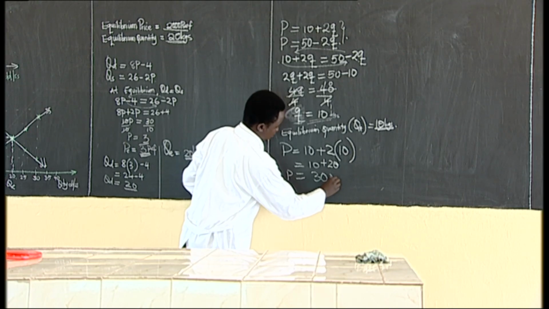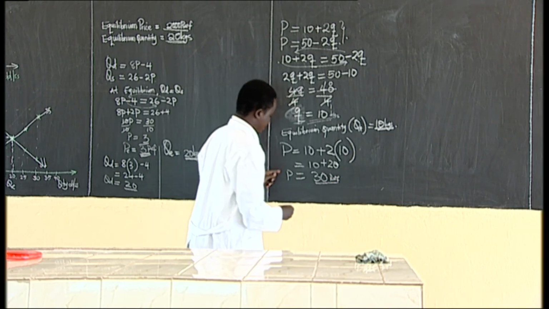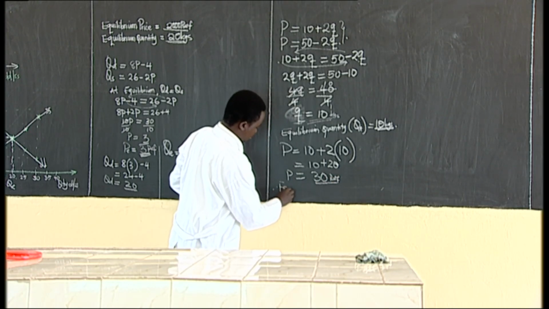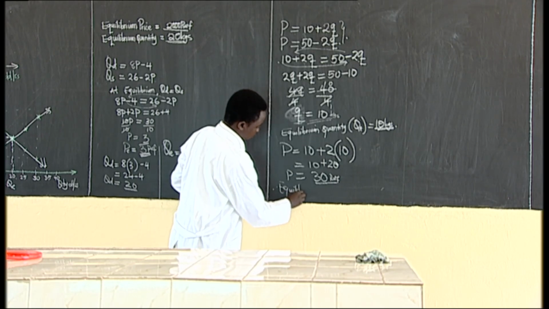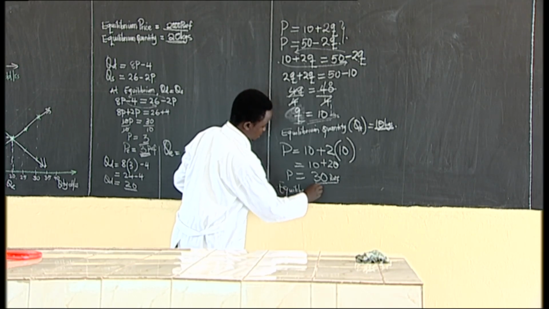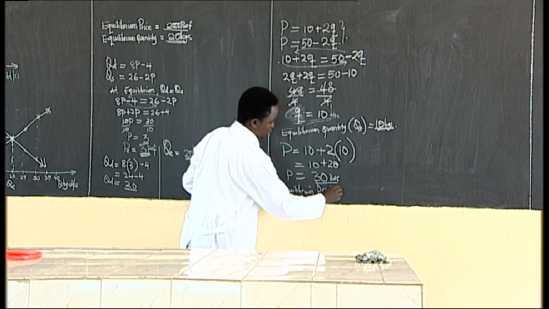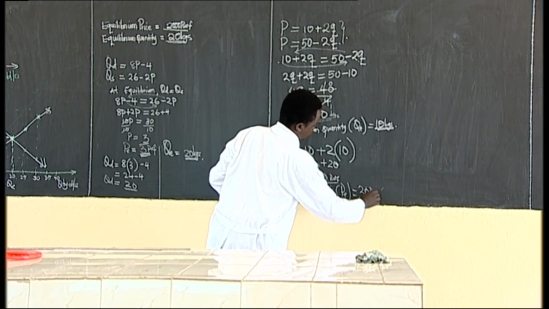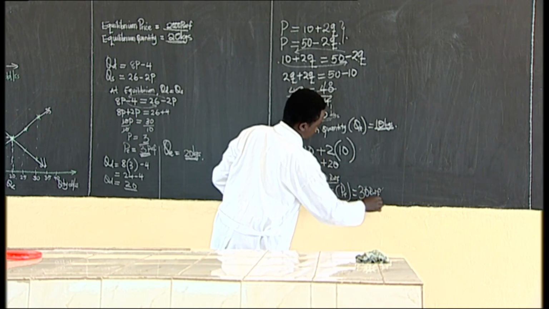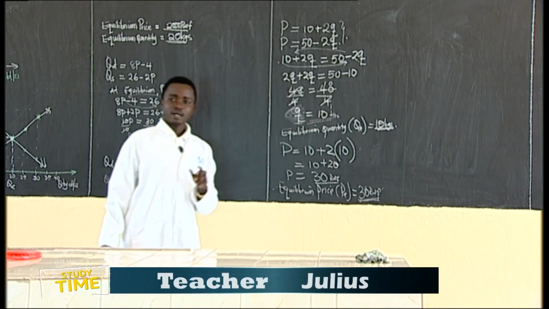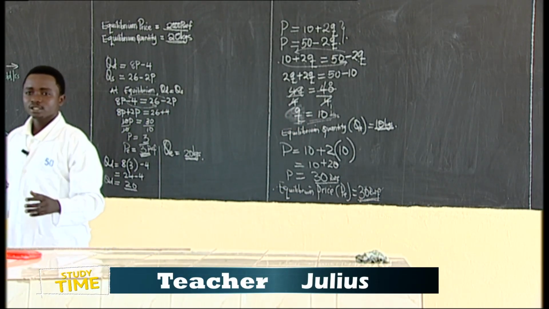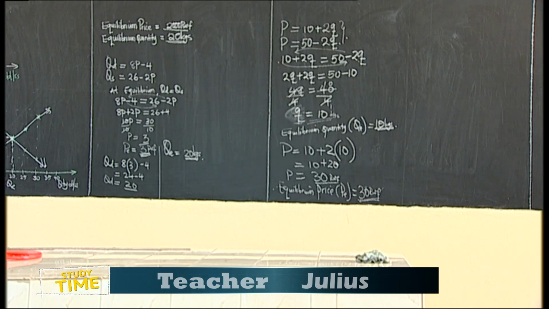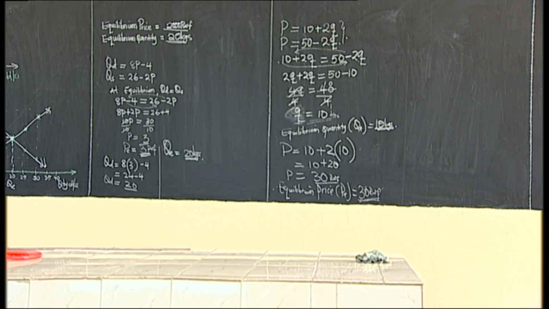If it is Rwandan francs, you have to put the units, because this is our price. Therefore, we can conclude that our equilibrium price is 30 Rwandan francs. So this is how you can use equilibrium equations to determine equilibrium price and equilibrium quantity.